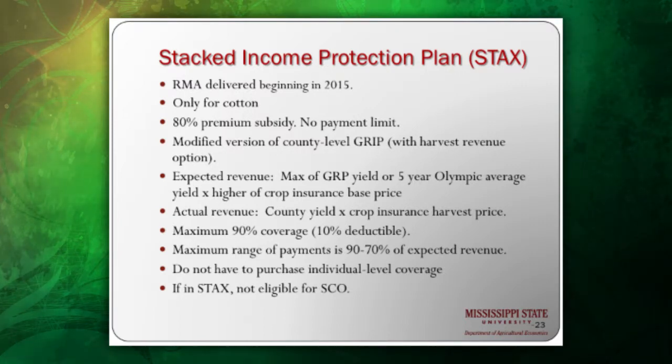The maximum range of payment then will be from the top end of the insurance coverage down to 70% of expected revenue. You do not have to purchase individual coverage insurance with the STAX program, but you need to recognize that you would be exposed to deep losses if you chose to do that. And also, if you are in the STAX program, you're not eligible to purchase SCO on the same land.